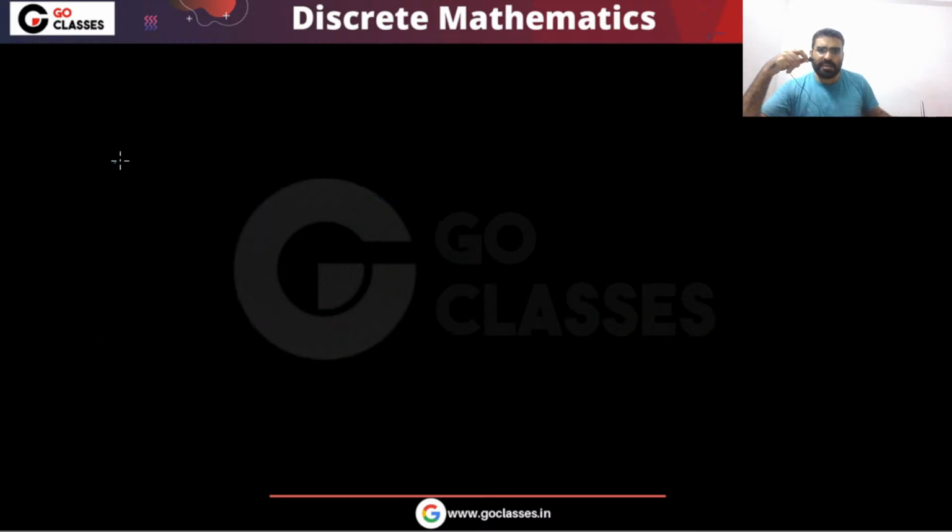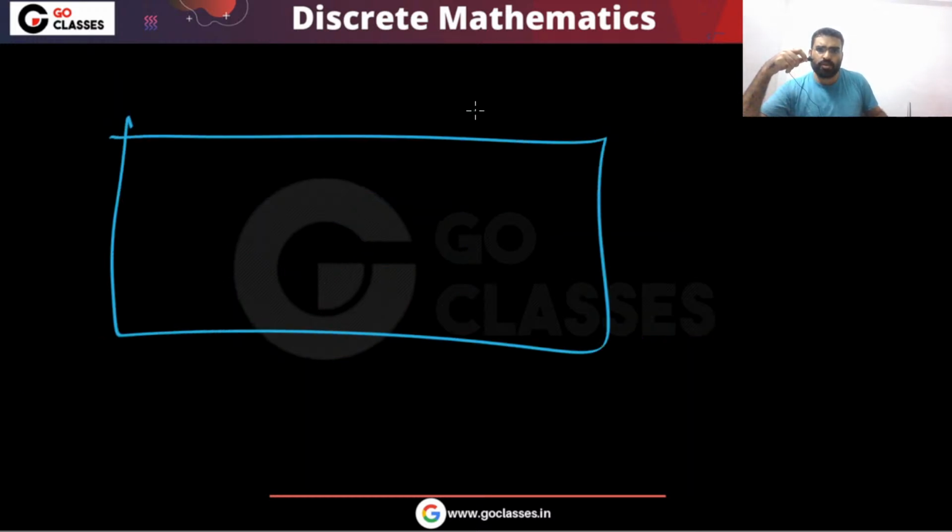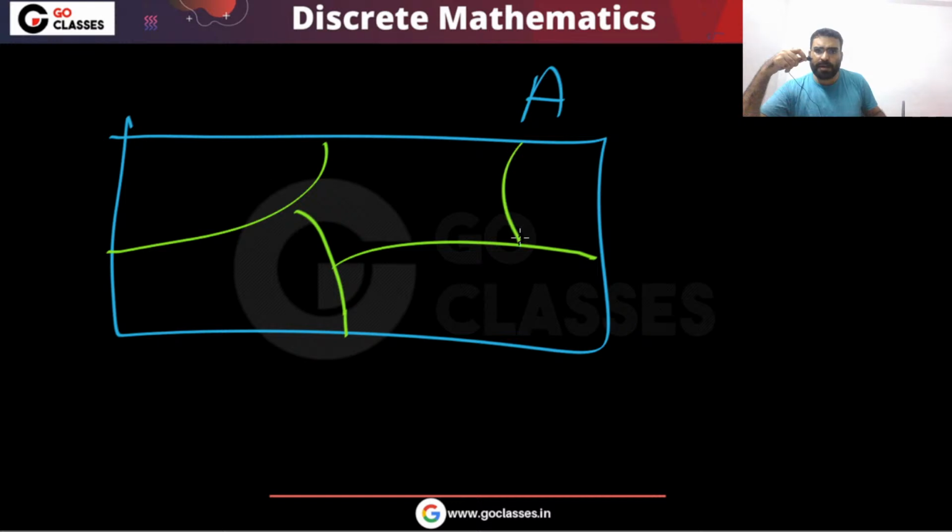If you have any set, let's assume you have any set A, then what is partition of A? Partition of A means you are dividing this A into disjoint non-empty parts: part 1, part 2, part 3, part 4, part 5, part 6.